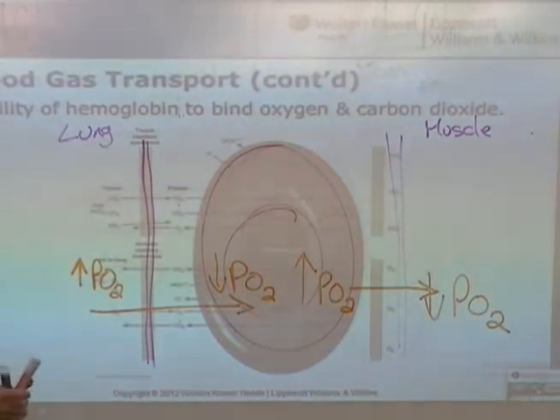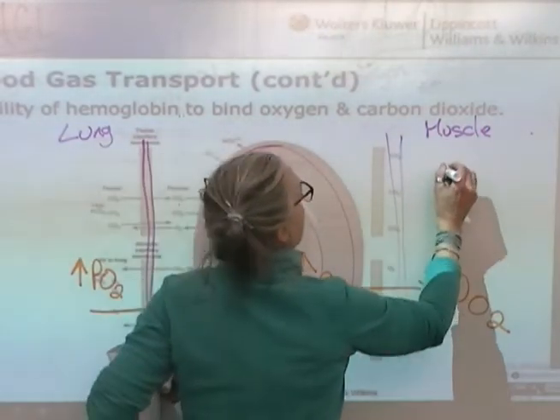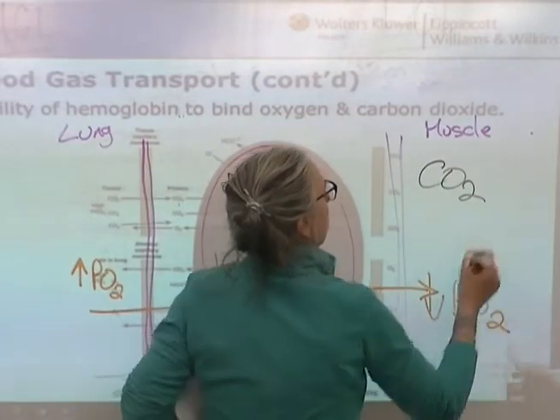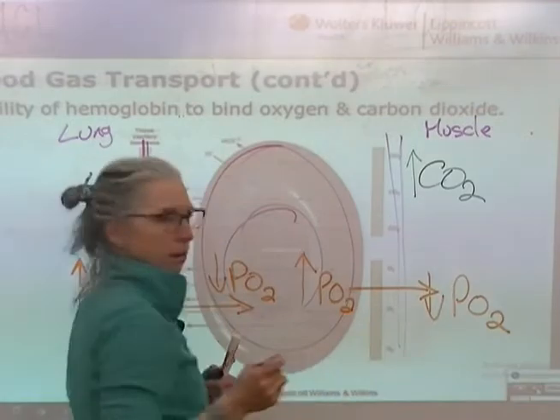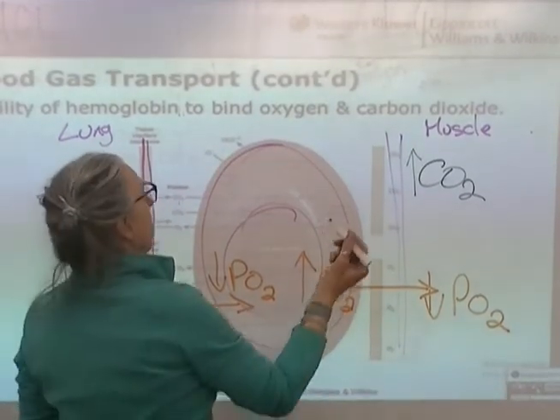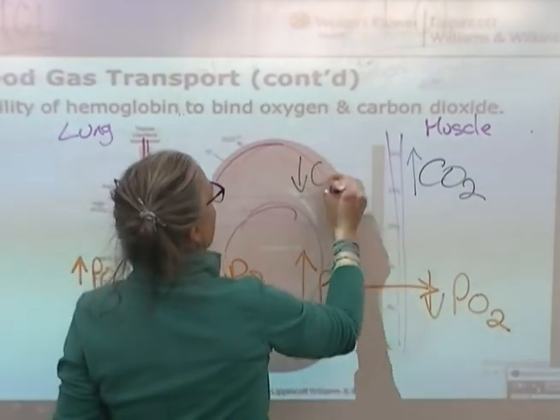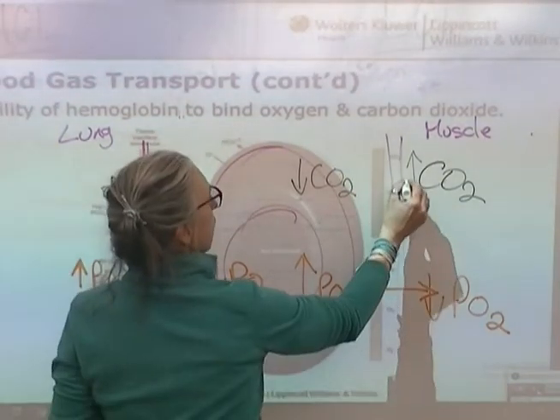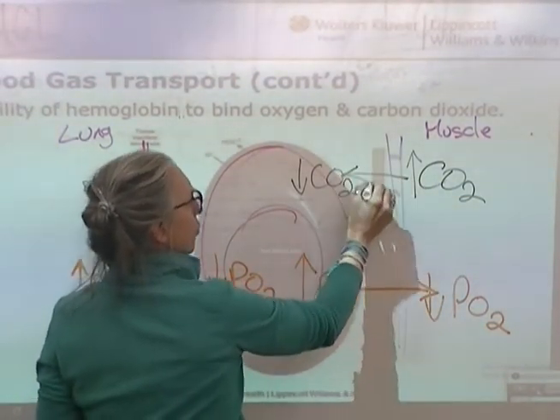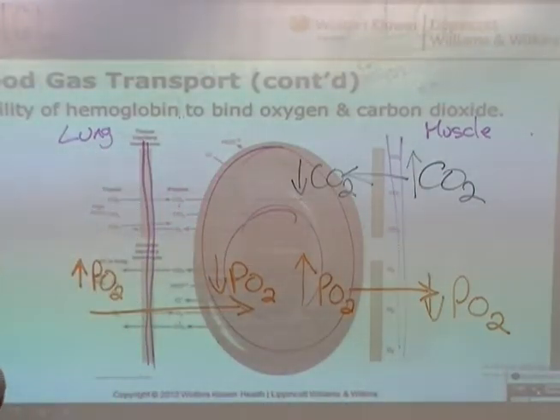So we're working aerobically. We are making carbon dioxide. So it's relatively high in the muscle tissue, and it's relatively low in the bloodstream, and so we are able to move carbon dioxide into the bloodstream.